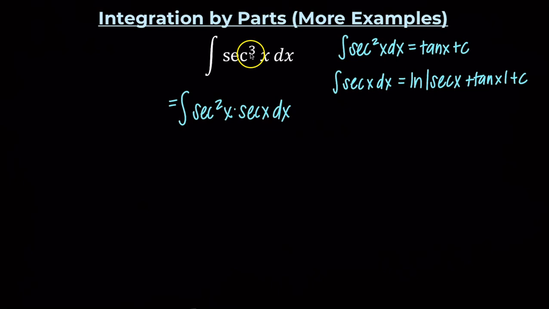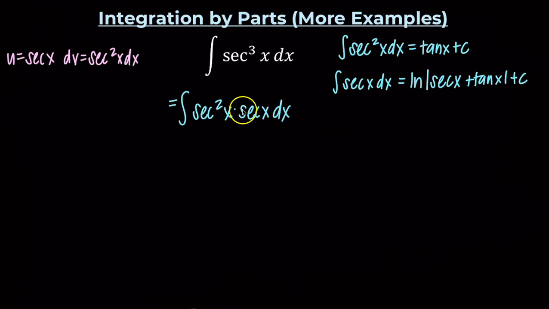So back up here, we could have chosen u to be secant cubed x and dv to be dx, but that actually would not have helped us. So now that we've broken it up, we are going to go ahead and let u be secant x, and dv be secant squared x dx.